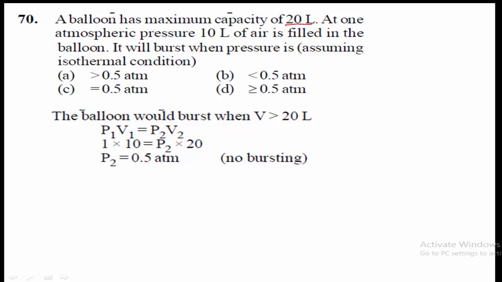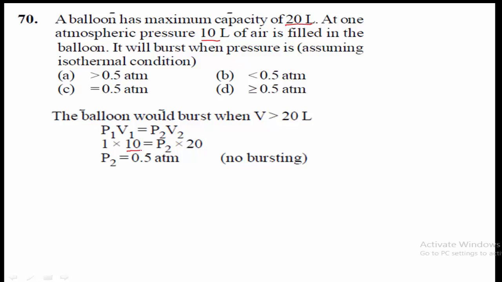Now, using the formula P1 V1 is equal to P2 V2, P1 is the initial pressure, V1 is the initial volume, P2 is the final pressure, and V2 is the final volume. So the final volume would be 20, and the initial volume, how much is it filled? 10 liter of air is filled.